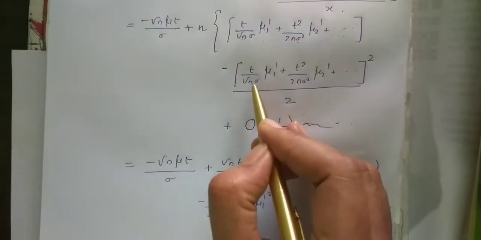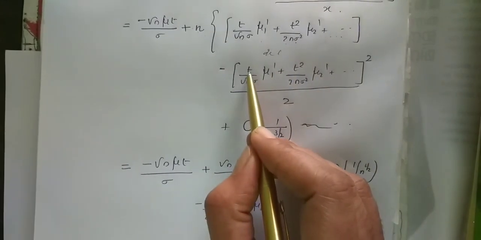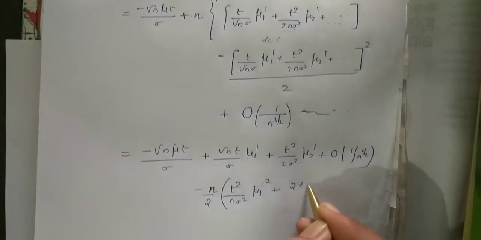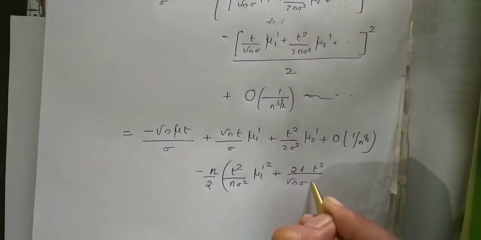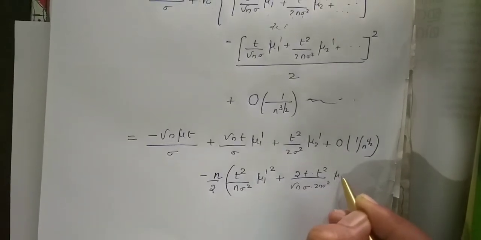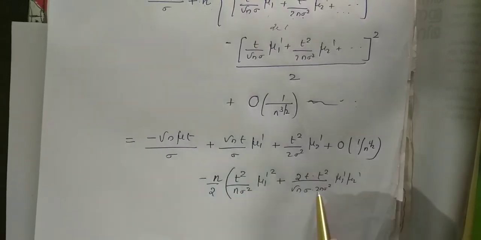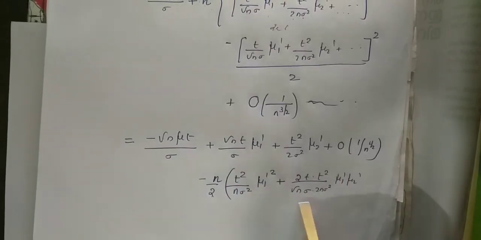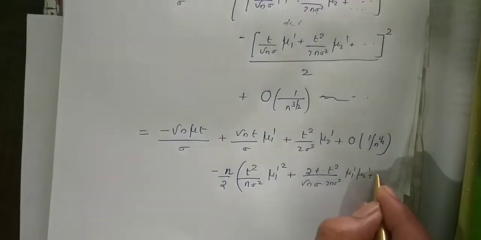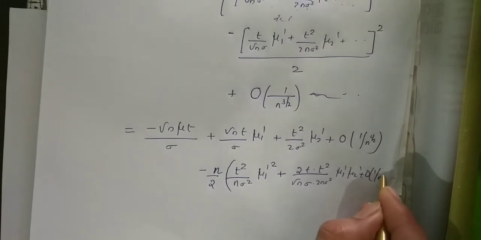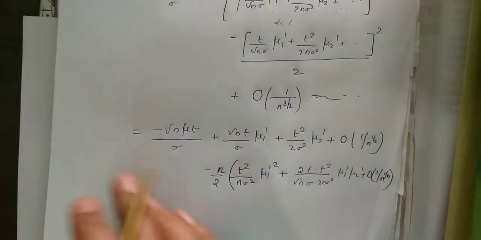Then next, considering a and b, the next term 2ab will come, that is 2 times t into t square by root n sigma into 2n sigma square into mu 1 dash into mu 2 dash. Here also if we multiply, this n will cancel, denominator root n will be here, so there is no way of writing the other terms; we are writing the higher powers of 1 by n, 1 by 2 or 3 by 2.